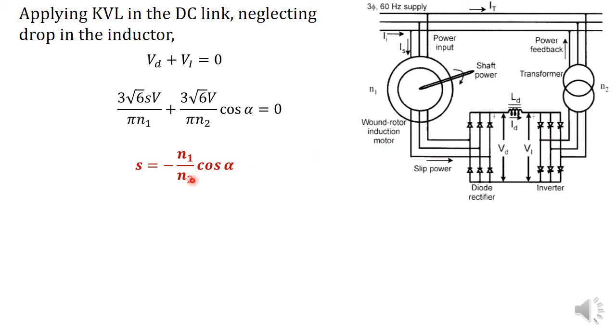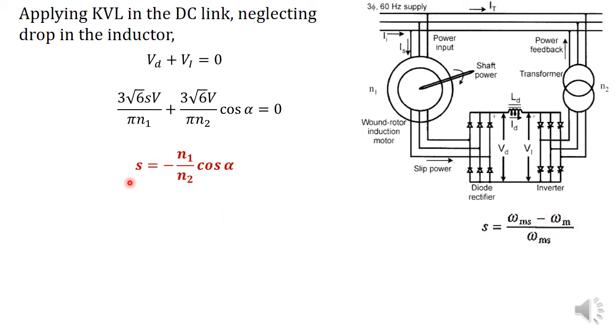N1 and N2 are fixed values because these are the turns ratios of the induction motor and transformer. So the only variable is alpha. By controlling alpha, we can control slip. We know that slip is equal to omega ms minus omega m by omega ms. So for a fixed frequency supply, by varying the value of slip, we can vary the speed of the rotor, the speed of the induction motor.